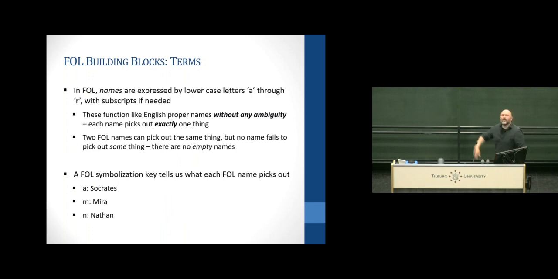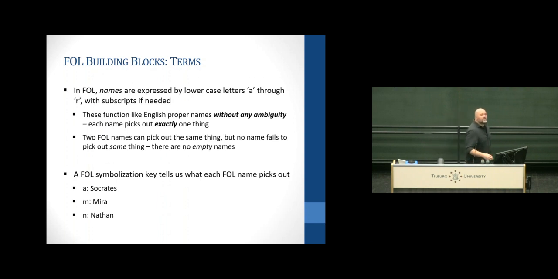So remember, we have two types of terms in FOL. The first type of term are names. Names are going to be expressed by lowercase letters. They're going to be expressed by the lowercase letters A through R. We'll need the other ones for something else.